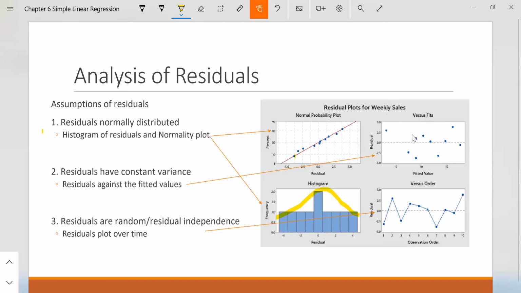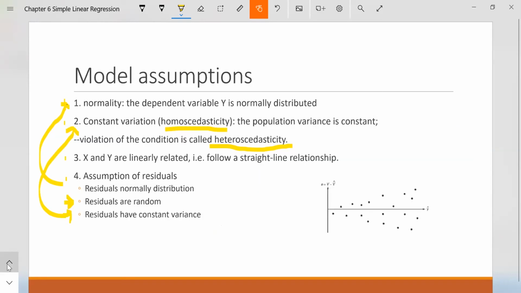And what we are looking for is the scatteredness of the blue dots. Are they constantly scattered along the line in the middle? To me, they are.